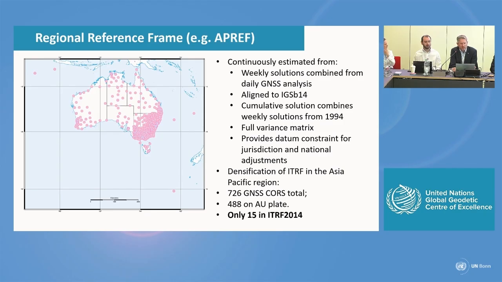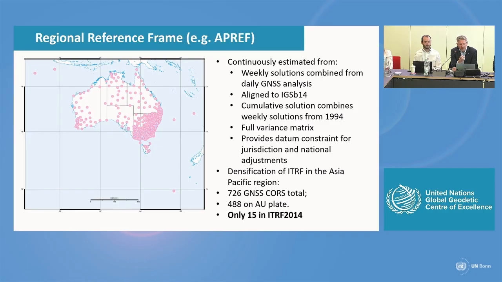So these are the ones that are continuously estimated from weekly solutions. It was aligned to IGB 14 at the time, and it was a cumulative solution, which was combining all of our different weekly solutions since 1994. And it included the full variance matrix, so we had full VCV, which went into the adjustment, and this, along with the ITRF or the IGS coordinates, were the constraint for the national adjustment.